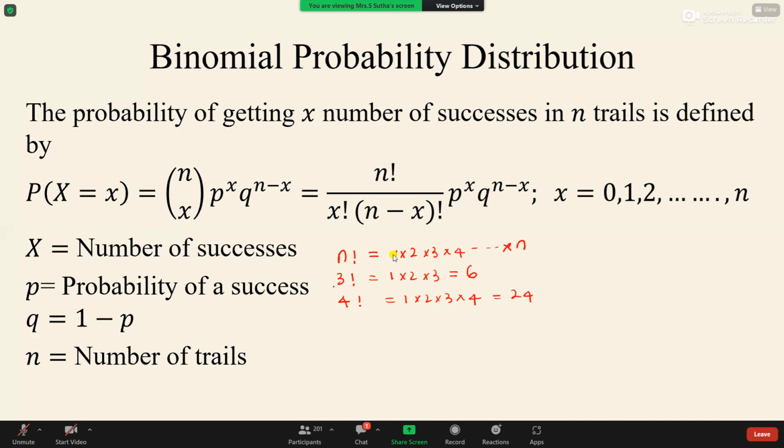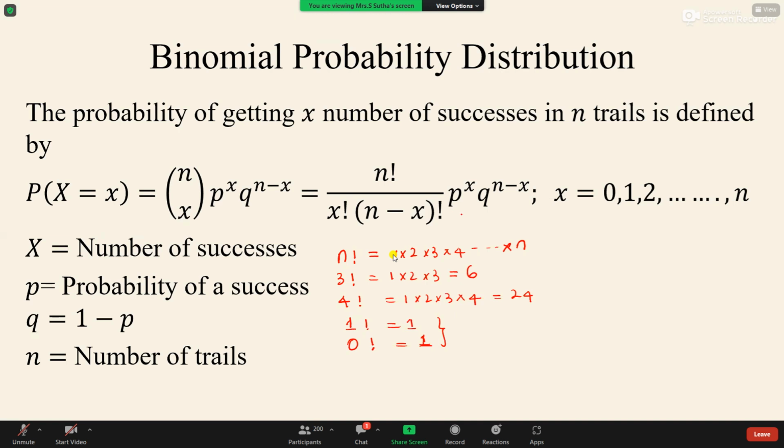Similarly, you can calculate the factorials. 1 factorial is always 1, and 0 factorial is also equal to 1. You have to know that, right?